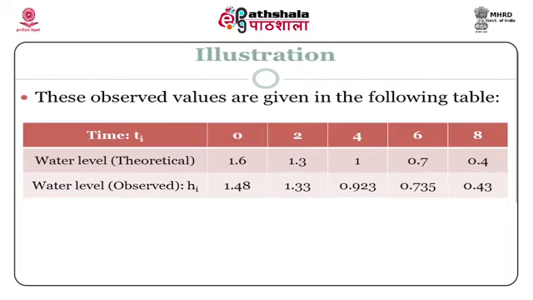Now, because of measurement inaccuracy, the water levels observed are slightly different from the theoretically estimated water levels. Here, at times ti, that is 0, 2, 4, 6 and 8 minutes, the observations are made at these 5 points. The theoretical water level will be 1.6, 1.3, 1, 0.7 and 0.4, because every 2 minutes 0.3 cubic meter will be reduced.